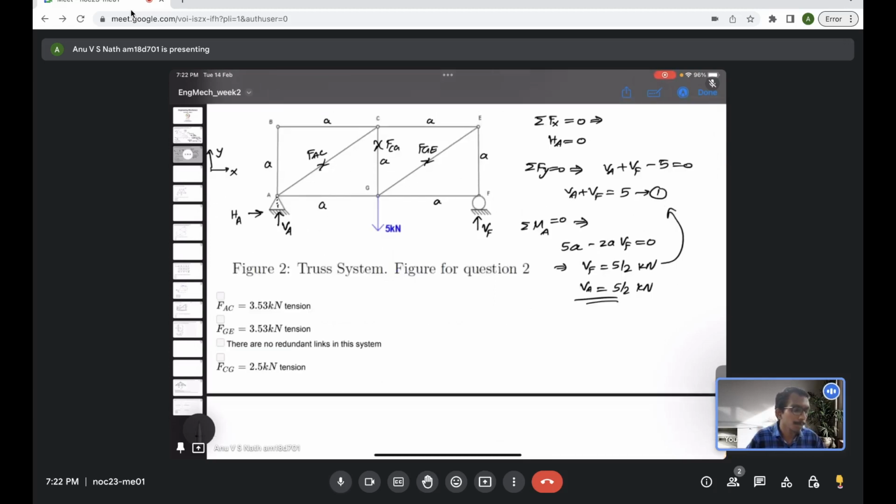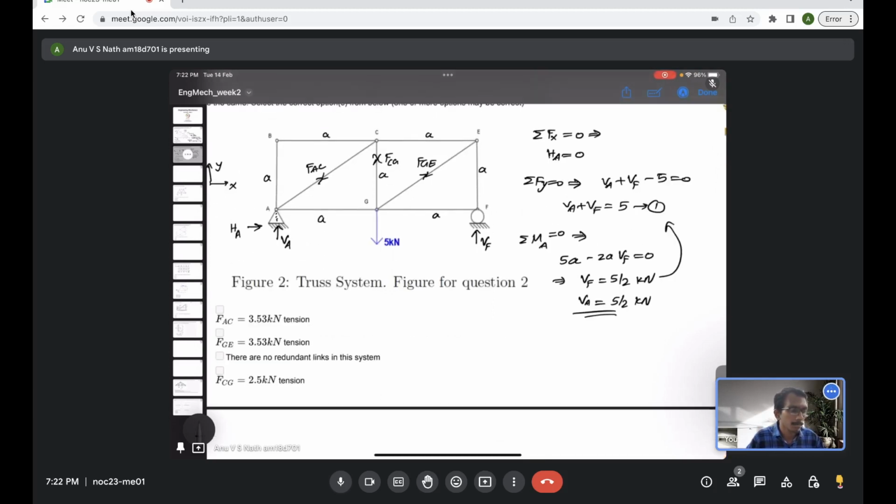Now we'll move to the calculation part. So first of all, see the link AB. In the link AB, there should be internal force FAB. In the link BC, there should be internal force FBC.